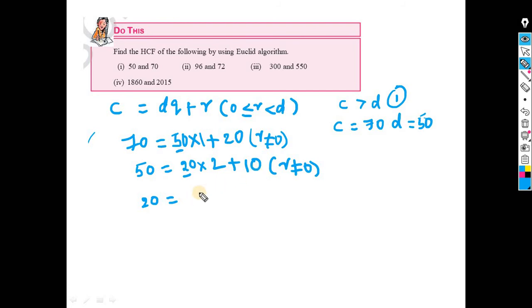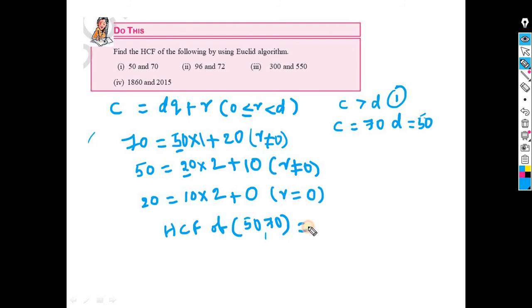The remainder is 10, so 10 into 2 is 20, plus 0. Now I got my remainder as 0. That means the HCF of 50 and 70 is the divisor where the remainder is 0, that value is 10. This is how you identify the HCF of two given integers.